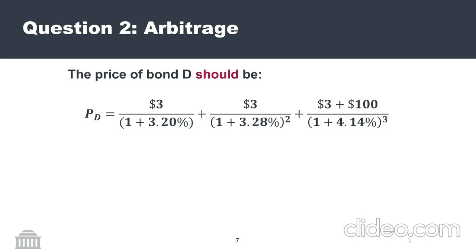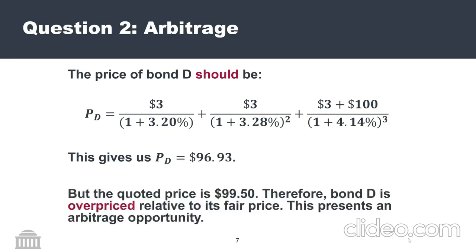We are taking the first coupon, discounting it to present at the year 1 spot rate, which is 3.2%. We take the second coupon, which is again $3, and we discount it to present at the year 2 spot rate, which is 3.18%. And the last payment of 3 plus $100, we discount at the year 3 spot interest rate of 4.14%.